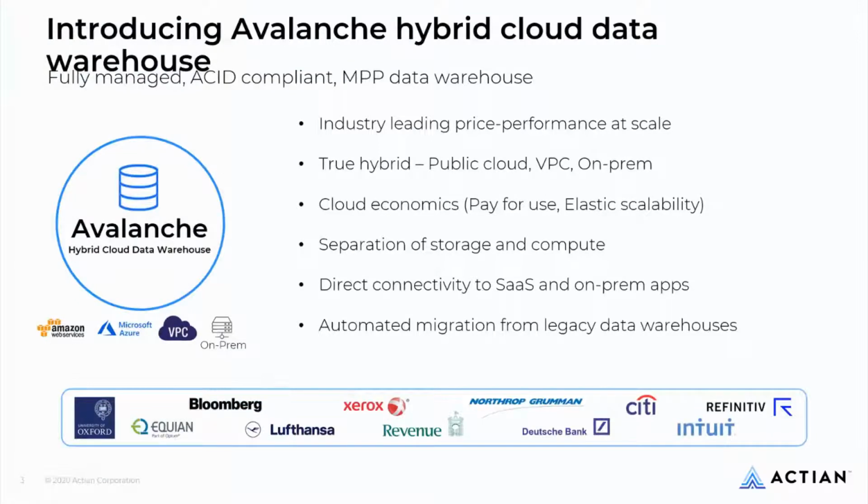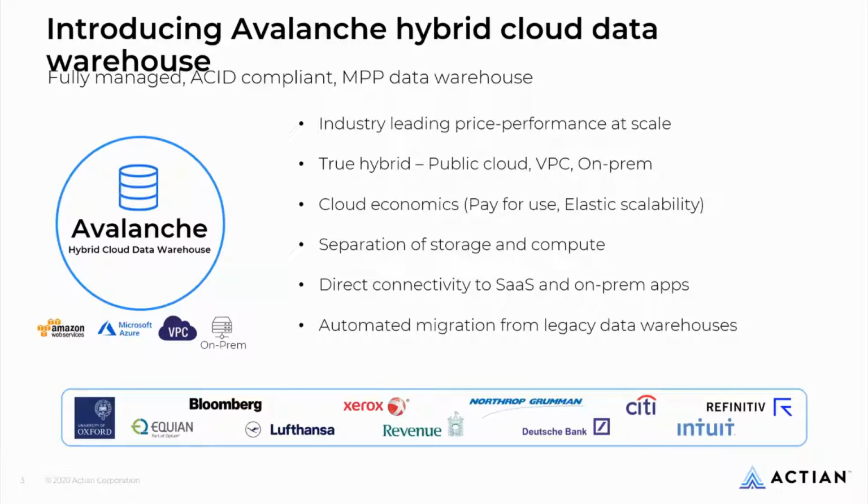Just to give you a quick summary of who we are, what's Avalanche. Avalanche is a fully managed multi-cloud and on-premise enterprise modern data warehouse. It was architected to solve complex hybrid data challenges while focusing on price performance benefits.